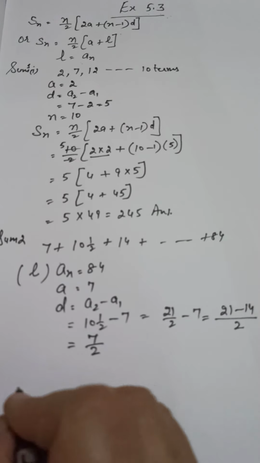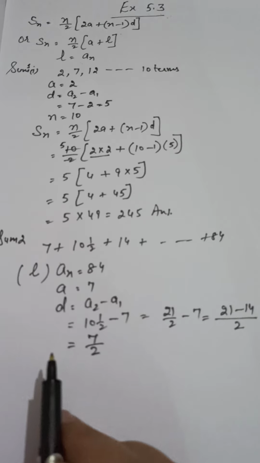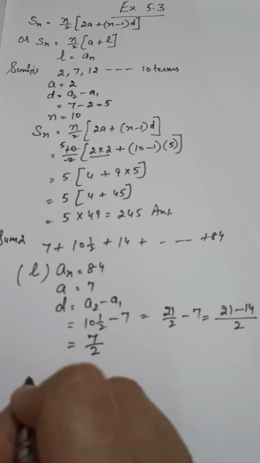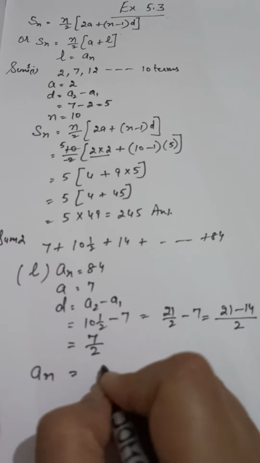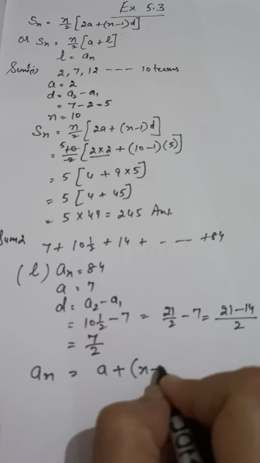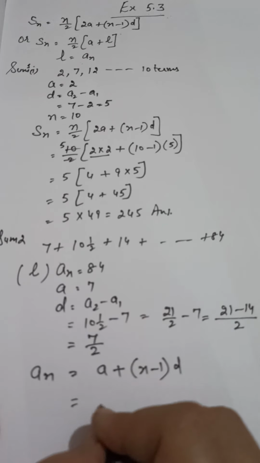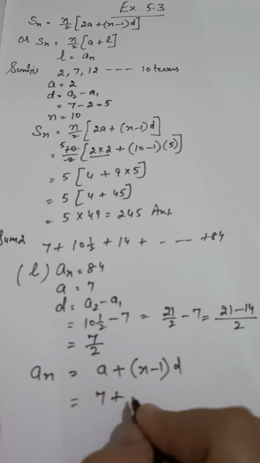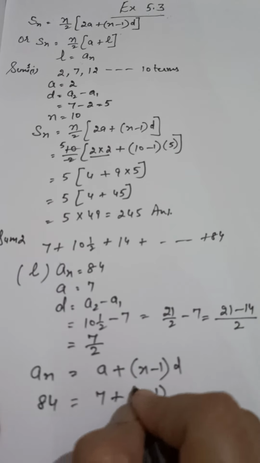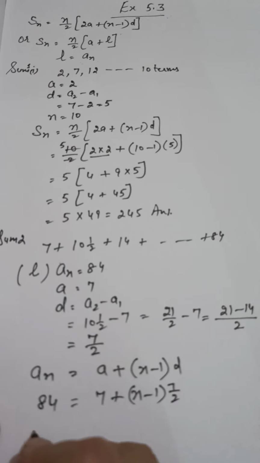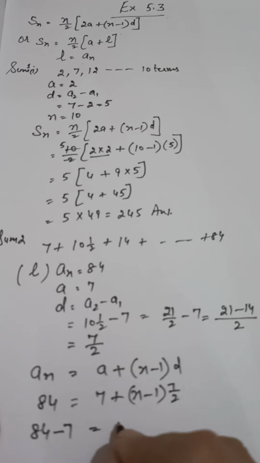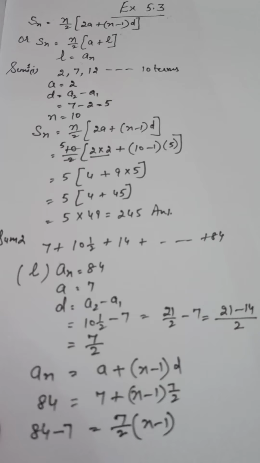Now what do we have to find? We have to find n, because n is not given to us. To find n, we will use the formula an is equal to a plus (n minus 1) into d. a is 7 plus, an is 84, (n minus 1), d is 7 upon 2. 84, 7 moves to this side, minus 7, that is equal to 7 upon 2 (n minus 1).